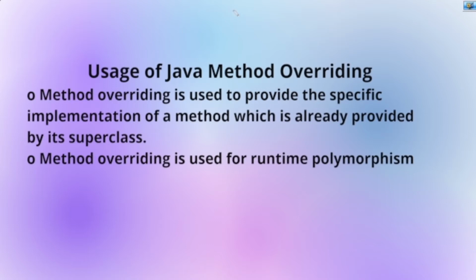Say there is a class A, and from this class A we are extending a baby class B. If there is a method yum, and inside this method yum, for example, there are the implementations E and F, you can keep the name of that method the same and change the implementation. Method overriding is also used for runtime polymorphism. What is runtime polymorphism? We'll see it again shortly.